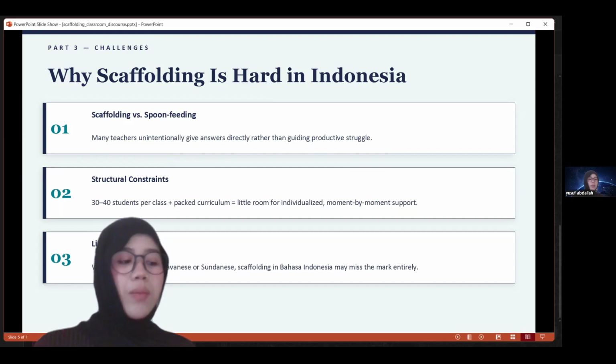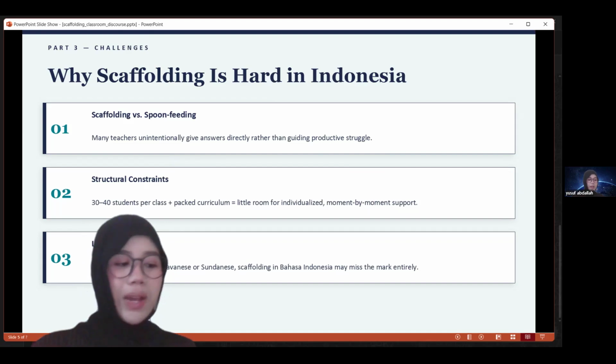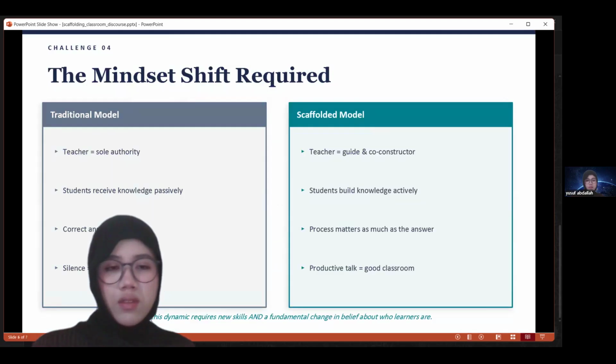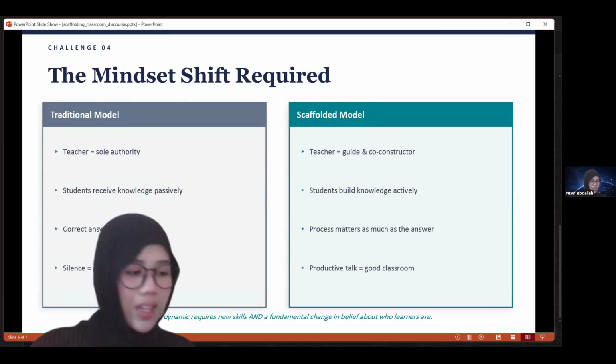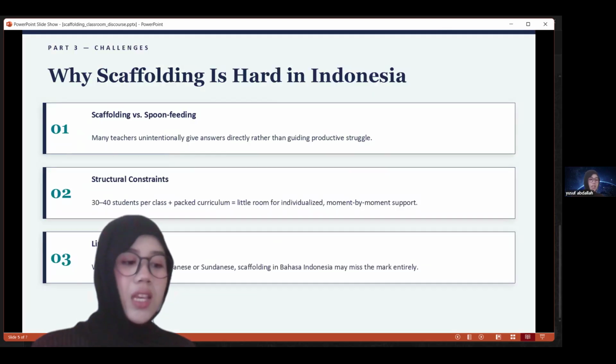When a student is still processing in Javanese or Sundanese, scaffolding delivered in Bahasa Indonesia can completely miss the mark. So there is also a fourth challenge, which I think is actually the deepest one.